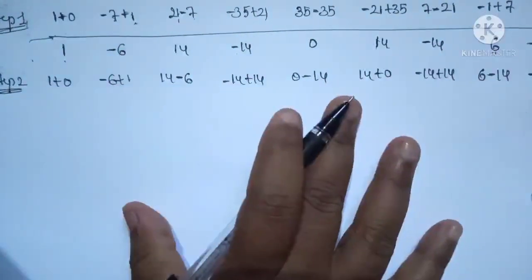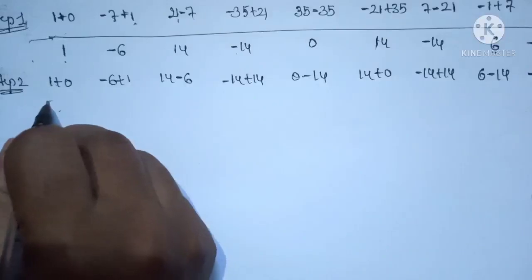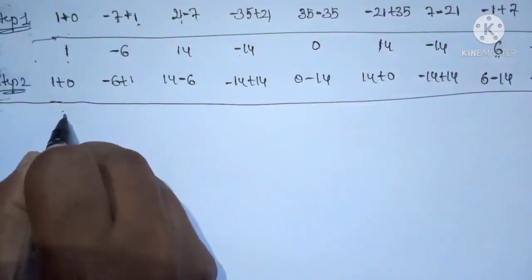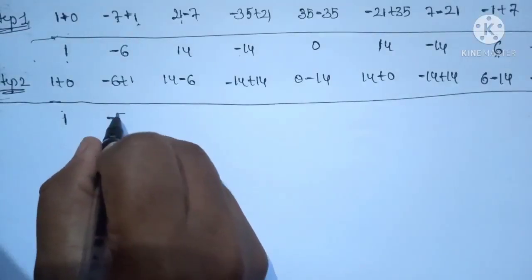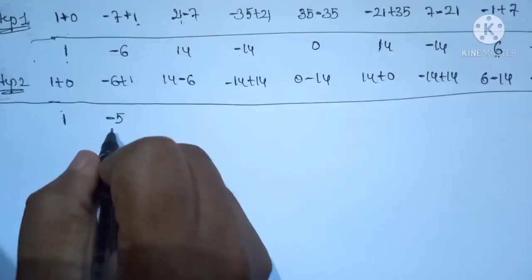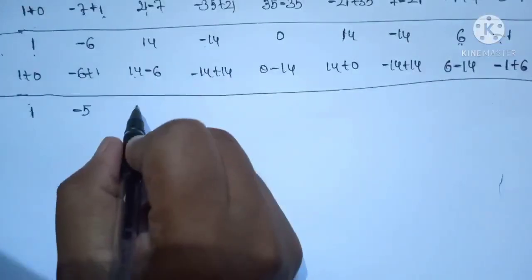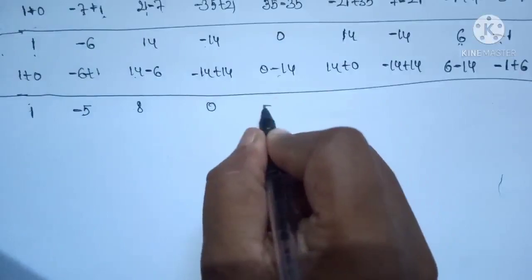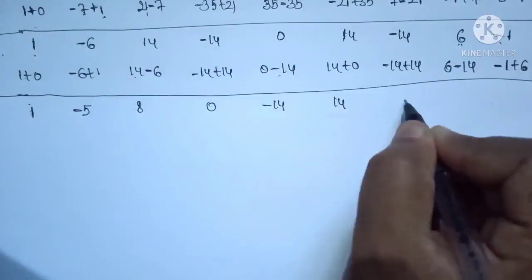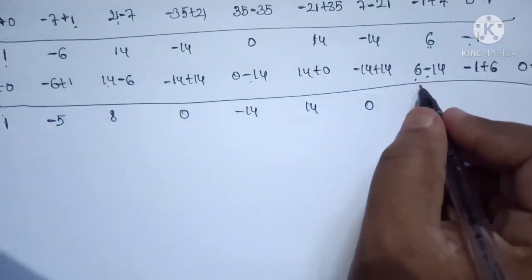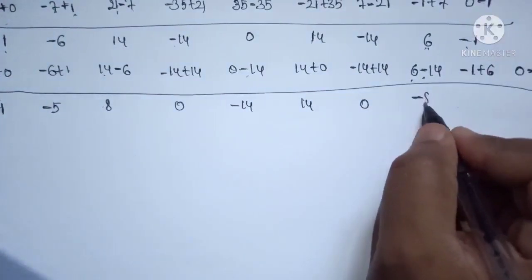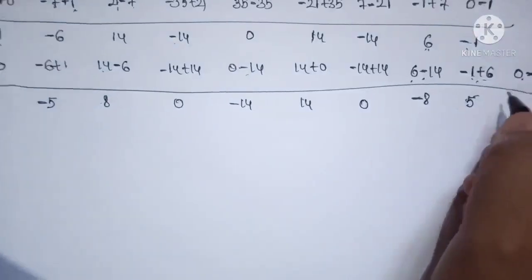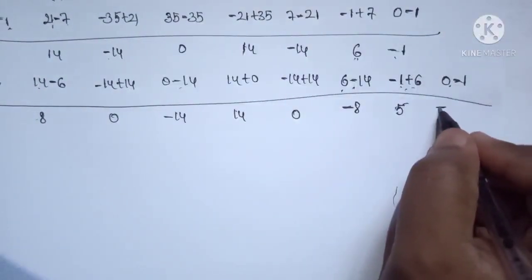So the corresponding element is 0 minus 1. Then we get 1 plus 0, 1; minus 5; 14 minus 6 equals 8; 0 minus 14 plus 14 is 0; 0 minus 14 plus 6 equals minus 8; this is plus 5; 0 minus 1 equals minus 1.